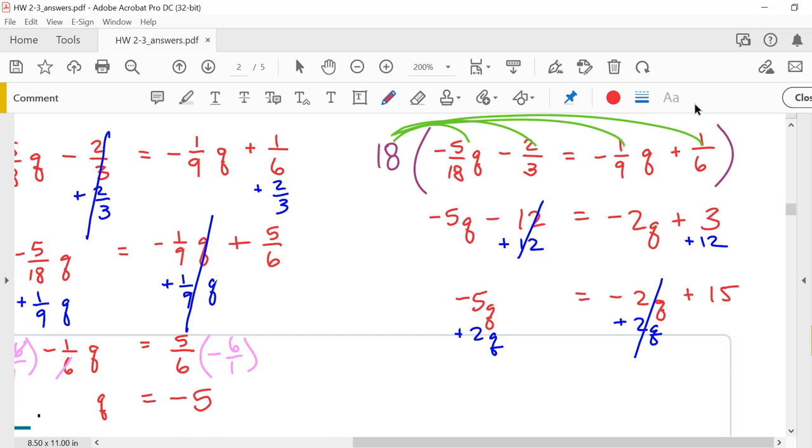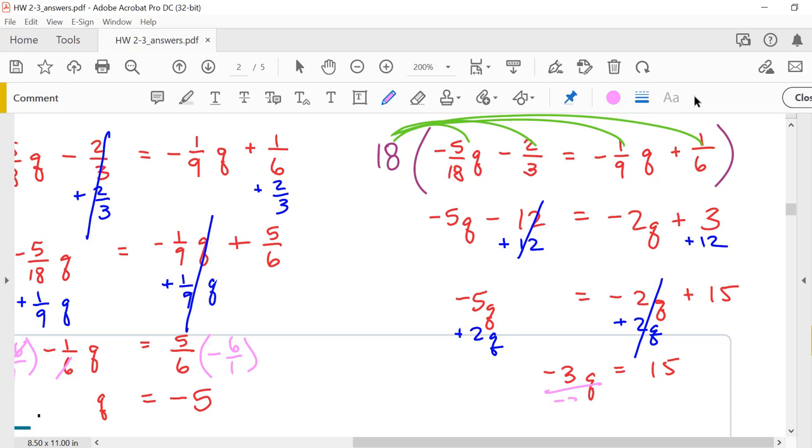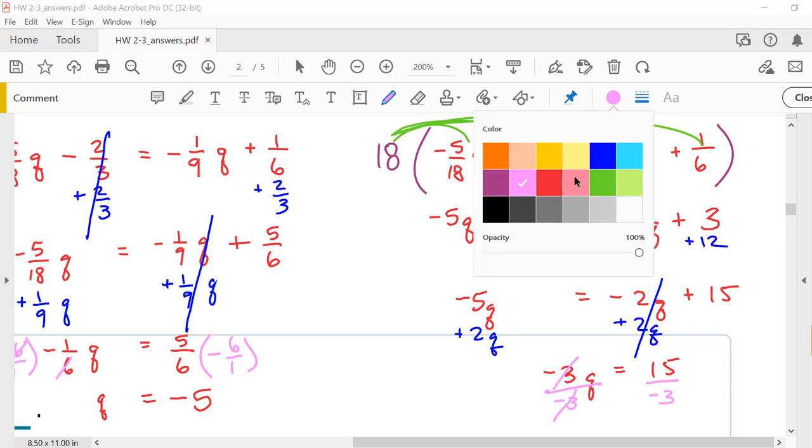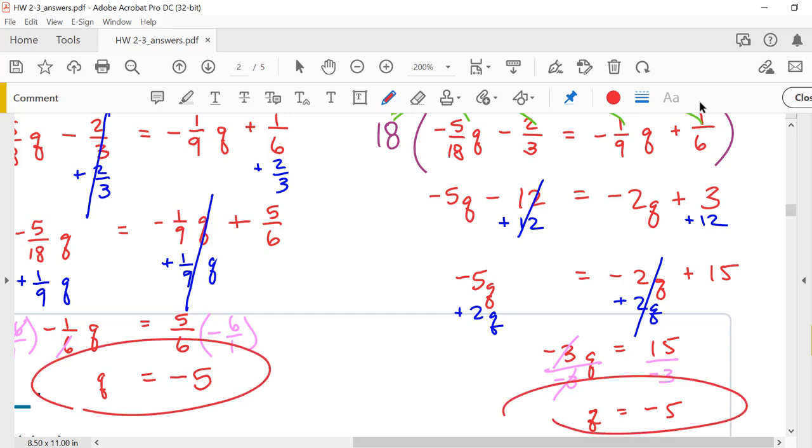Negative 5q plus 2q is negative 3q equals 15. Now I'm going to divide by negative 3 on both sides. So q equals negative 5. You get the same answer both ways.